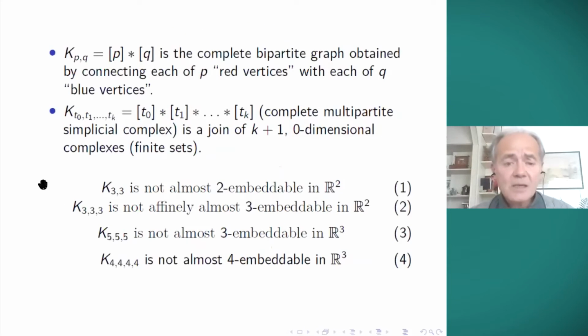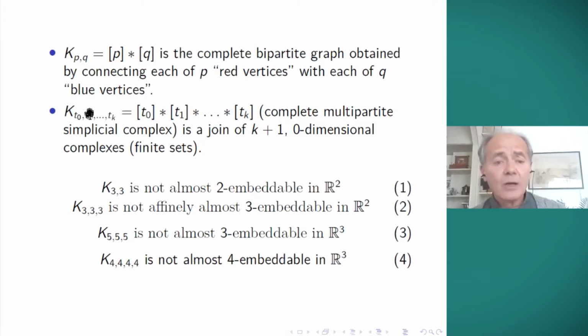And here are some familiar examples. First of all, I need some definitions, but quite natural, of interesting simplicial complexes. First of all, K_{p,q} is the complete bipartite graph, which in topological terms is the join of two sets, p-element and q-element sets. So it's the complete bipartite graph.